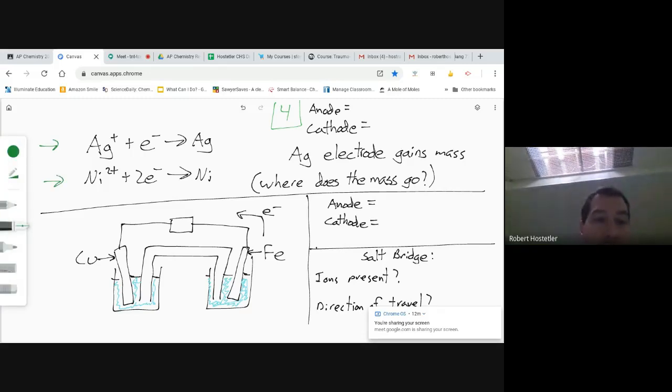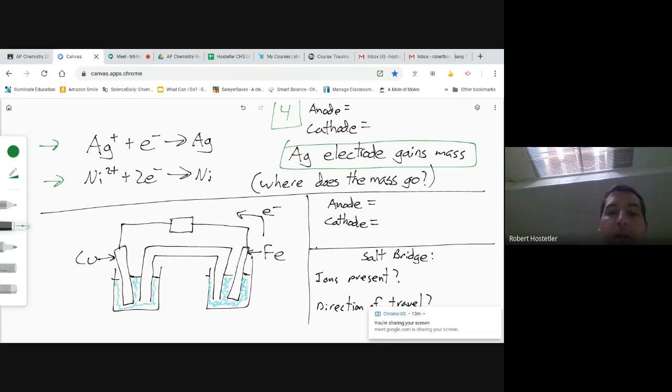And notice that these are both written as reductions. If they give you a portion of a reduction potential list, you can't just look at that and tell what's what. But if they give you something like, say, here, where they say the silver electrode gains mass.